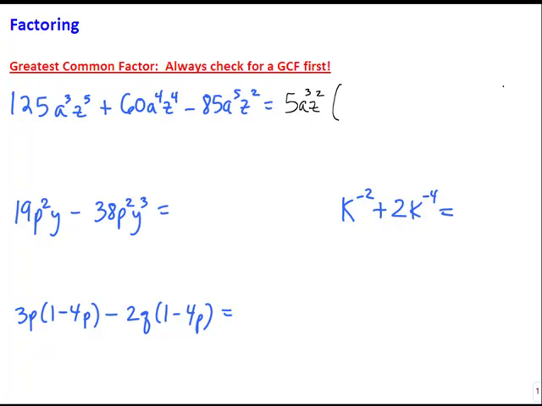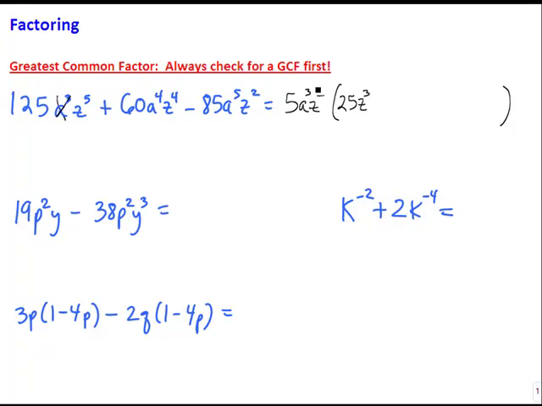Now when we pull that out, what we're going to do is write in parentheses what is left over. If you divide 5 into 125, you get 25 back. If you pull out all these a cubes, then no a's are left. If I pull out 2 z's, and I had 5 originally, then I'm going to have 3 z's left, or z cubed.